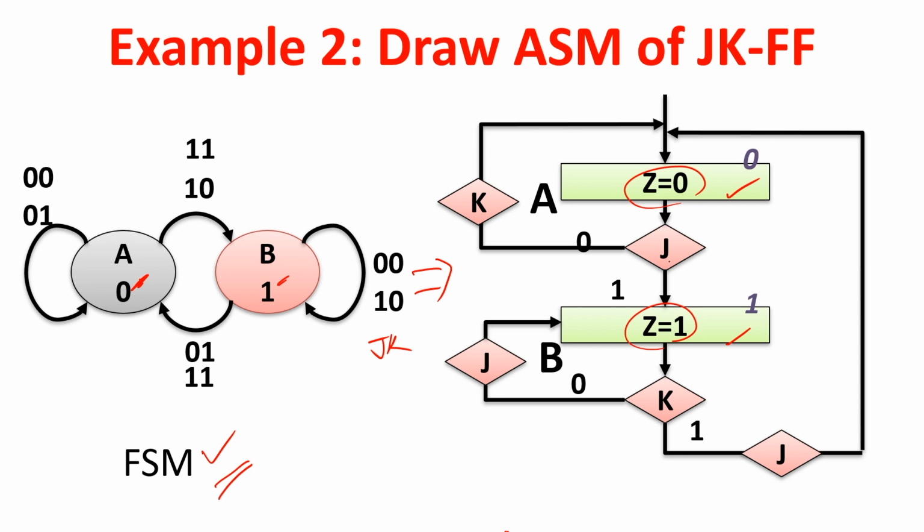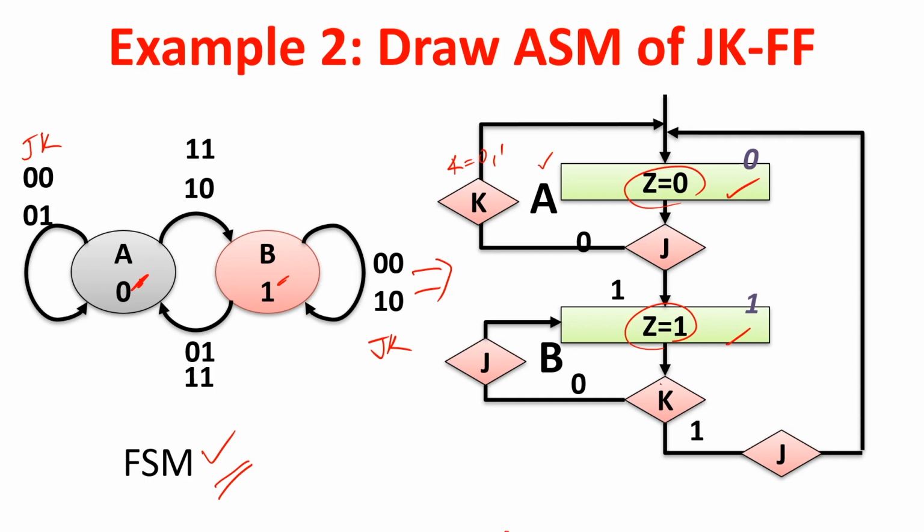Value of J, if J is equal to 0, independent of K, then you are going to state A, independent of K. So, for both the cases, K is equal to 0 and 1, it is going to state A.